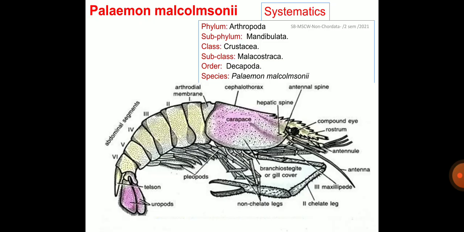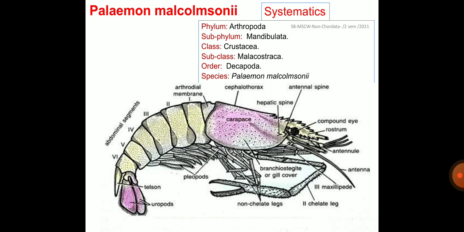Here is the repetition of the first slide of last session, where you can see the systematics of Palemon malcolmsoni once again, and you can also have a look at the various appendages which are serially arranged one behind the other, all 19 pairs, which will be seen very clearly here.